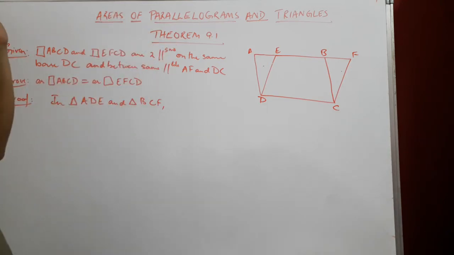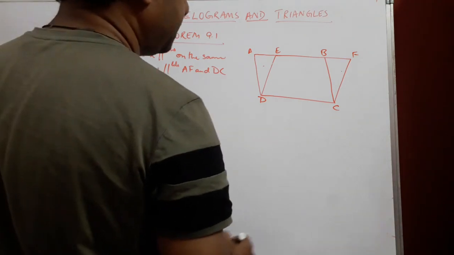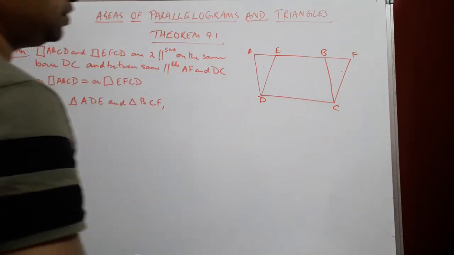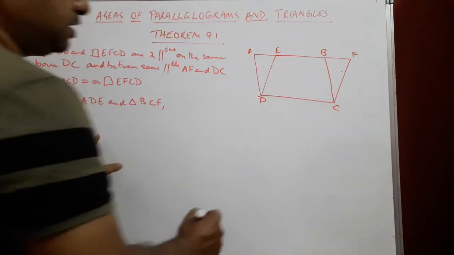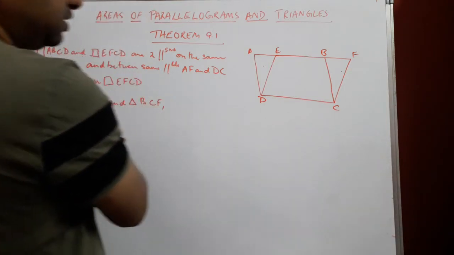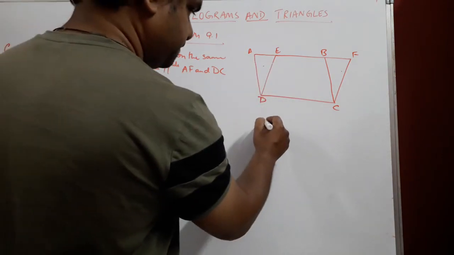Now let's have a look at the parallelogram. I'll separate the two parallelograms so you can see them very clearly, as to what I'm trying to achieve over here and where I'm getting the statements from. So I'll separate out ABCD first.